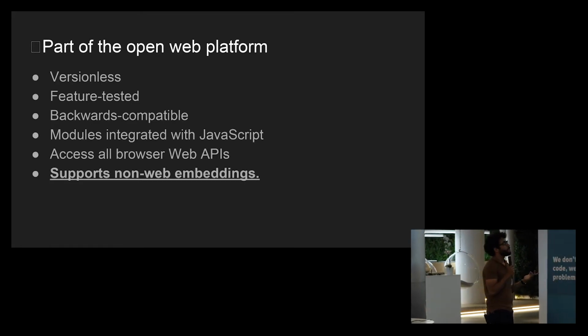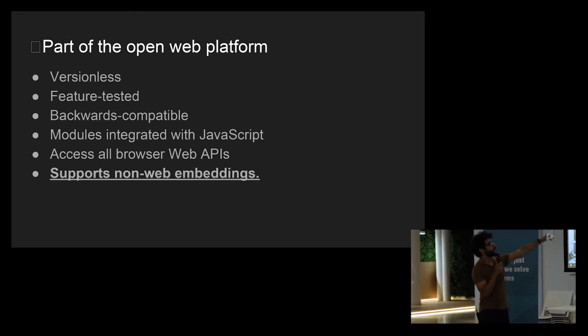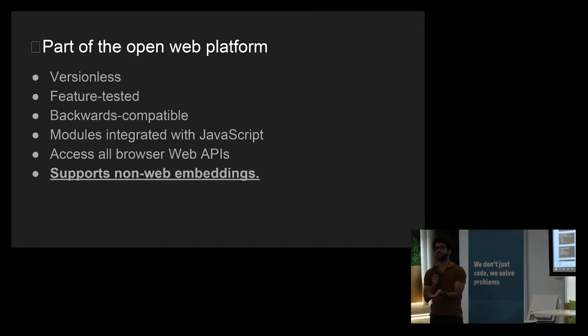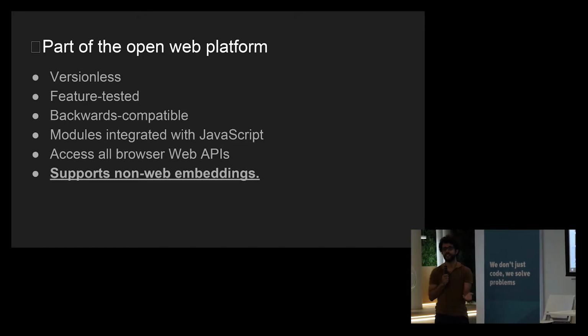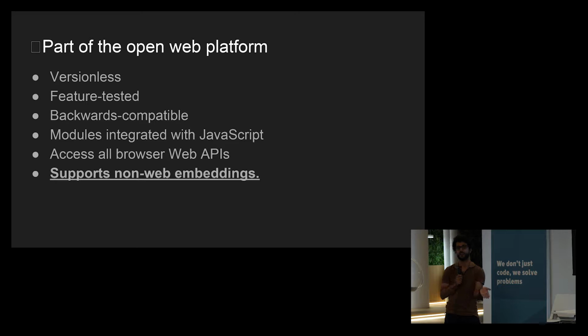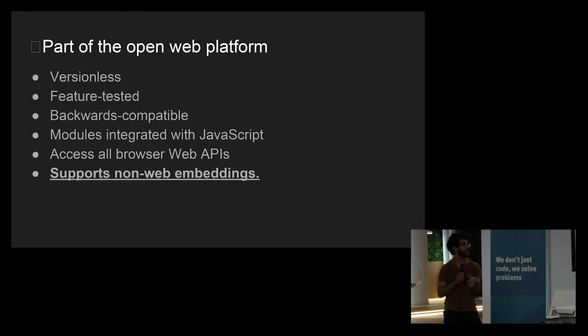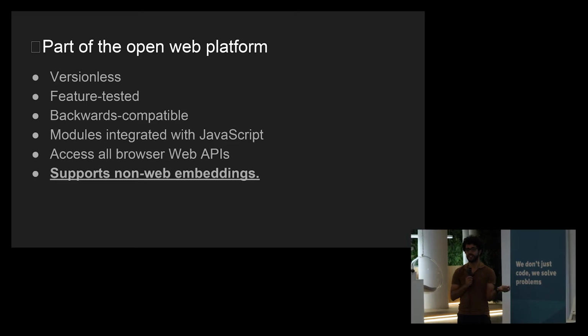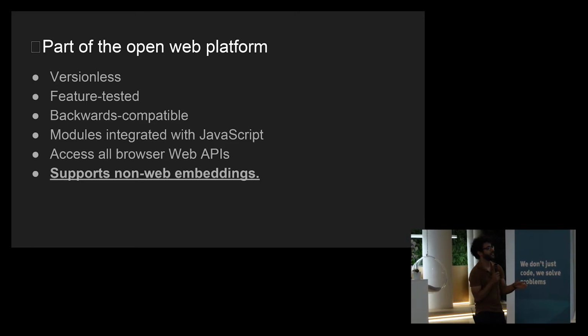And part of the open web platform, the versionless. Actually, on the web, HTML is versioned, but nobody thinks about it. No matter if it is HTML1 or 5 or ES5 or ES6 or ES2017, nobody cares about it.